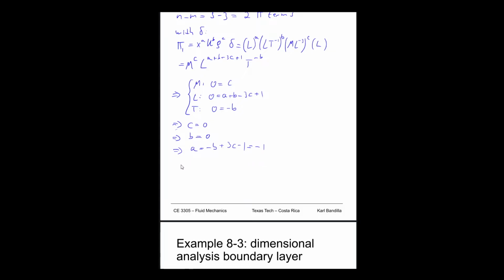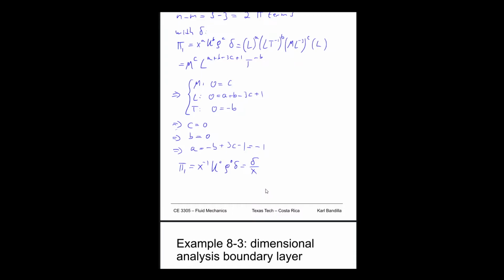That means my pi 1 is, if we go back up here, x to the a, which was minus 1, u to the b, which is 0, and rho to the c, c is also 0, times delta. So those two fall out, and we just have delta over x. That's our pi 1 term.